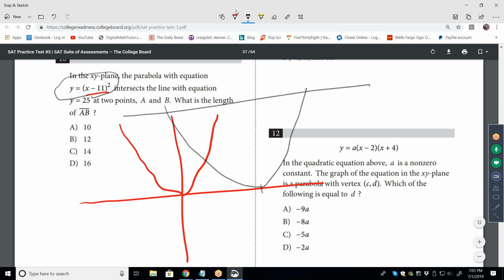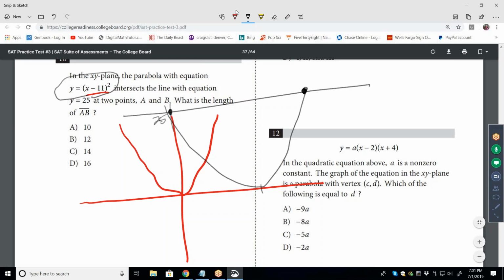Right like that. Okay? Whenever you have y equals a number, you're talking about a horizontal line that goes through the y-axis at 25. Whenever you have x equals a number, you're talking about a vertical line. Okay? They want to know what the length of that is, right there.